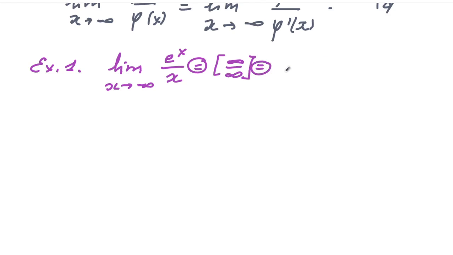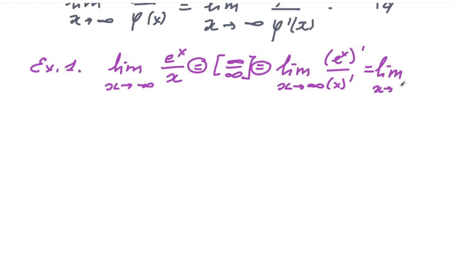Using the rule of L'Hopital, we have limit as x approaches infinity of e to the power x prime over x prime, or limit as x approaches infinity of e to the power x over 1, or infinity.